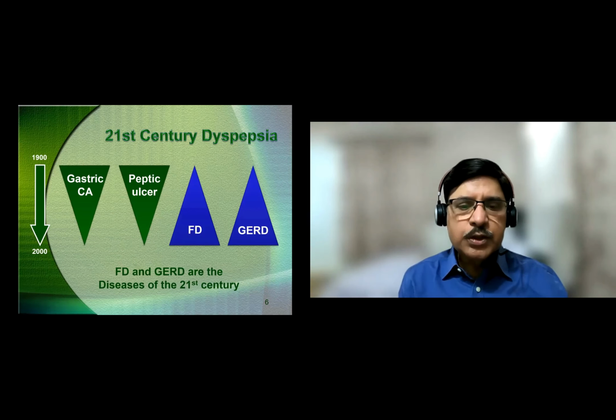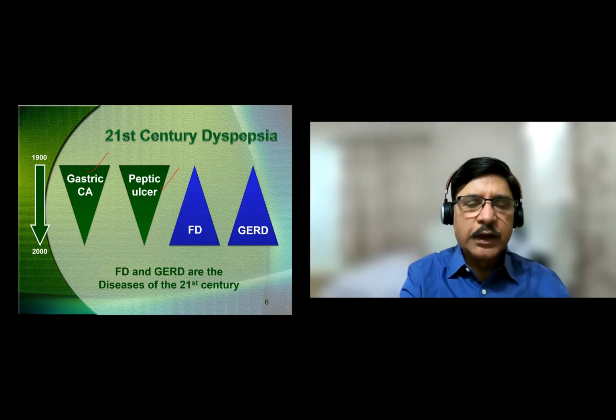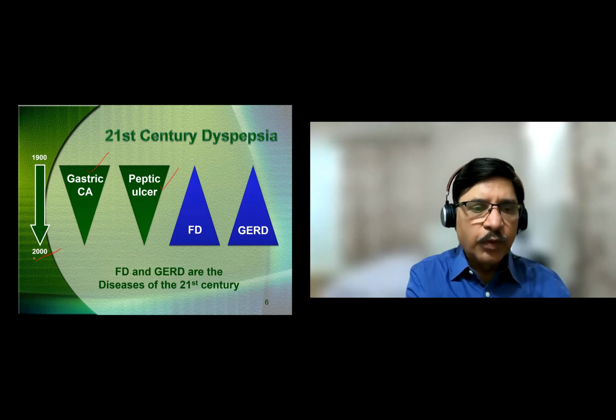When we were students in the 20th century, carcinoma of the stomach and peptic ulcer disease were very common. And in the operation theater list, we used to have peptic ulcer related surgeries, GJ, vagotomy, gastrectomy, like that. Luckily, peptic ulcer disease has come down by the end of 2000, as well as gastric cancer.